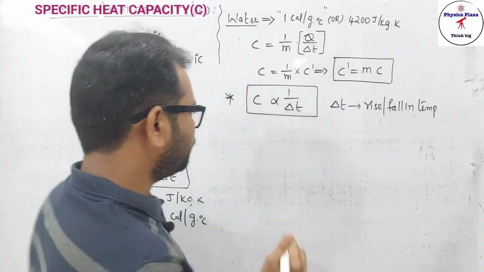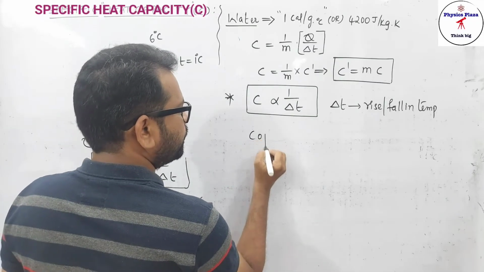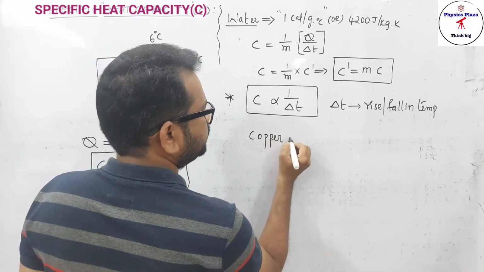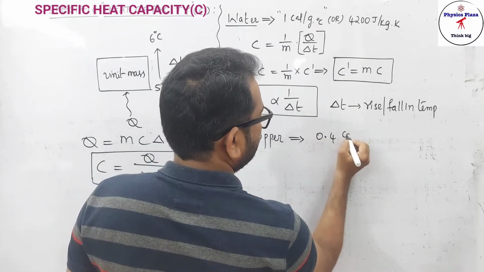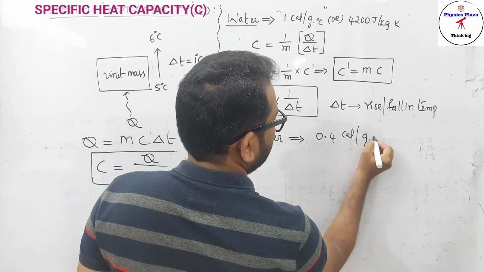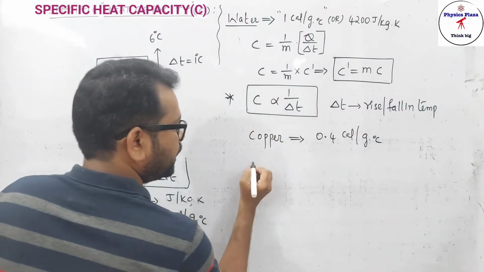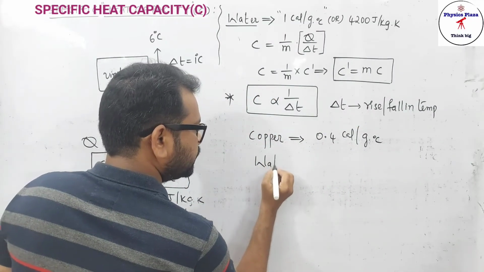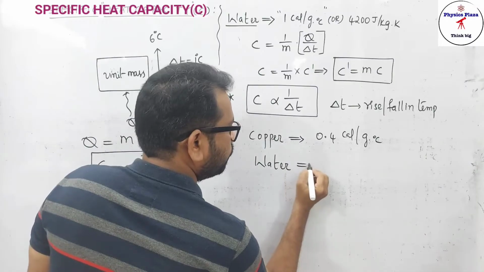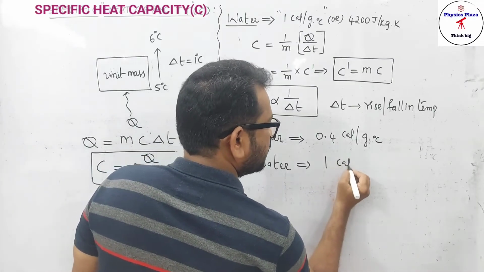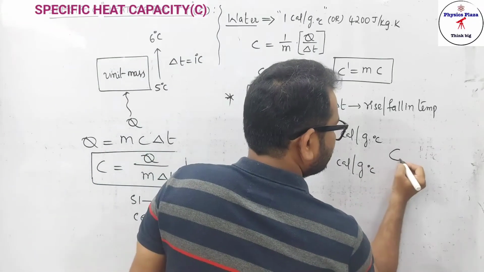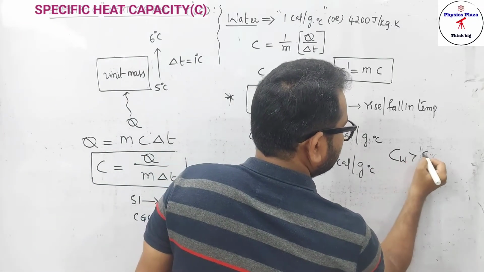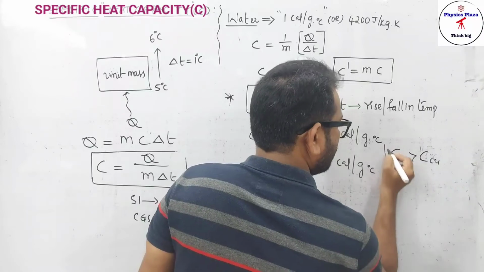Let me give you an example. Suppose, children, we take copper. The specific capacity of copper is 0.4 calorie per gram degree Celsius. Whereas let us take water. Its value is 1 calorie per gram degree Celsius. So it's very clear that the specific capacity of water is greater than that of copper.